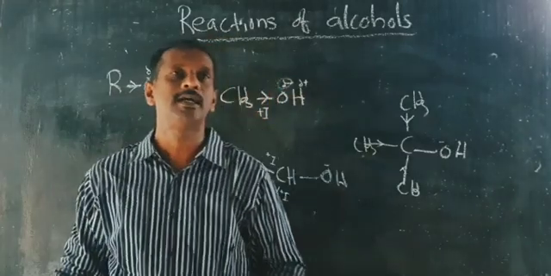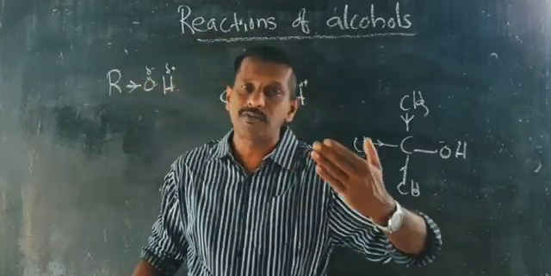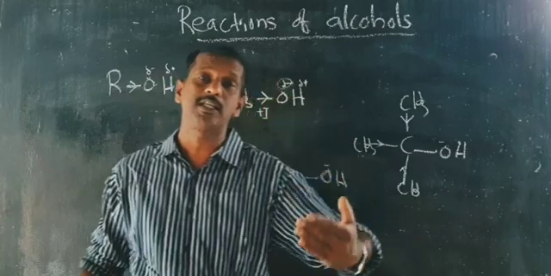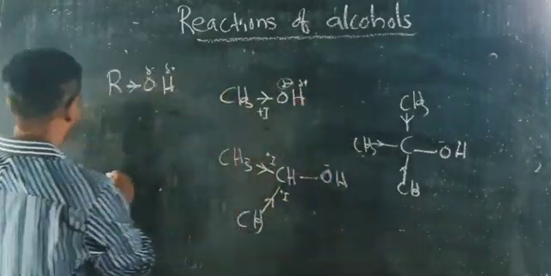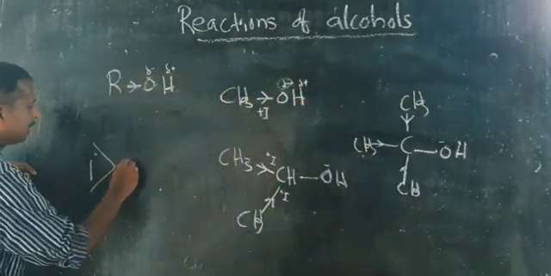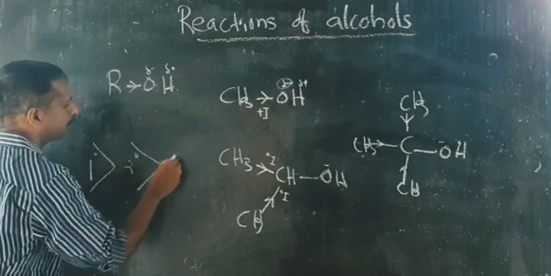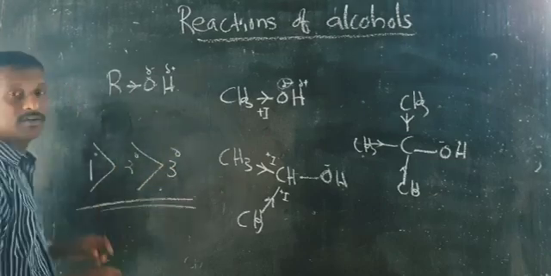difficult. That means the order of acidity of alcohol. What is the order of acidity of alcohol? You can write it as primary, then secondary, then tertiary. This is the order of acidity of alcohol.